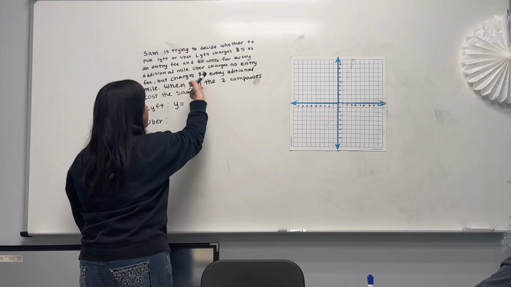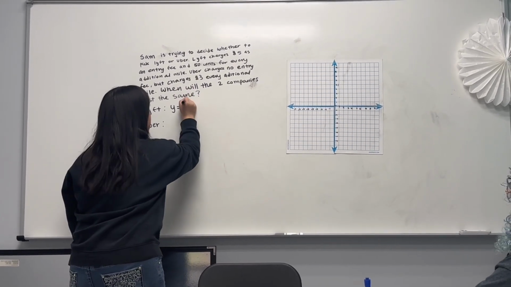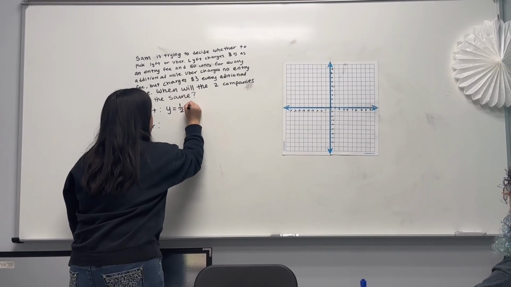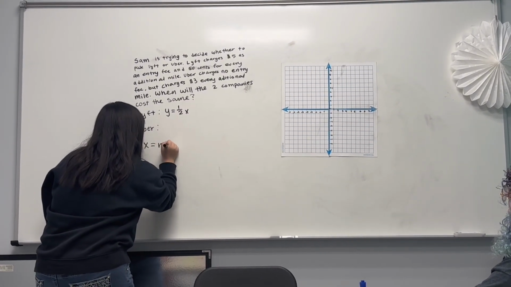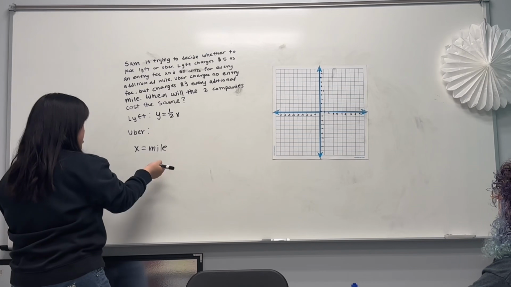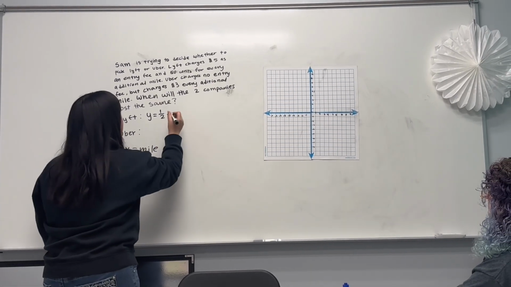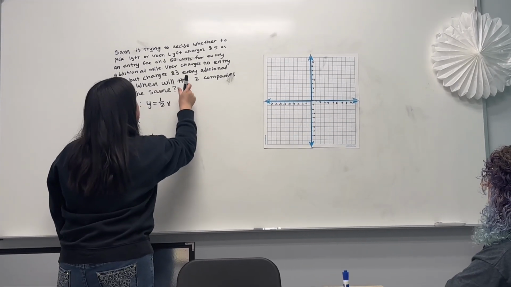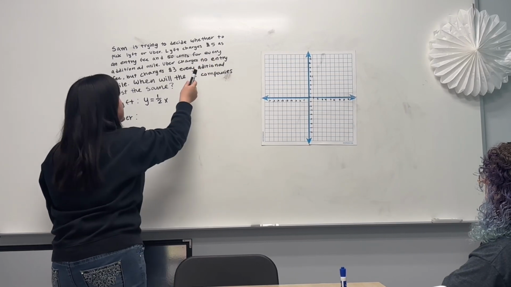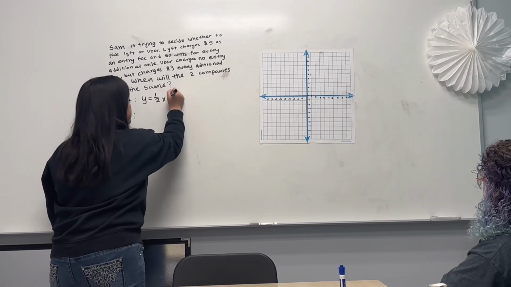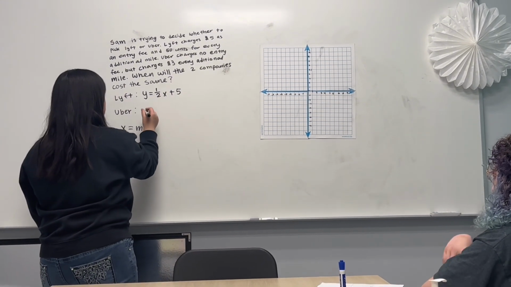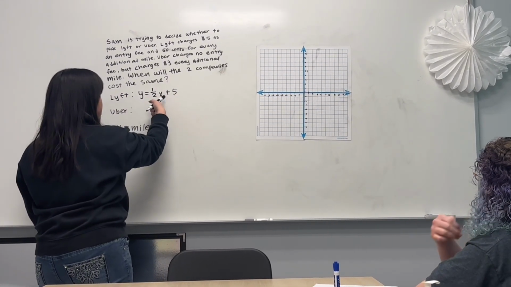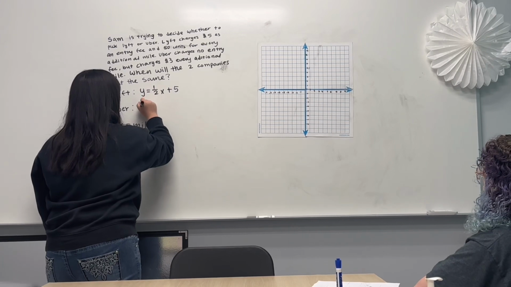And 50 cents, since it's half of a dollar, we could just write as 1/2. And x equals the number of miles. Then we can see that it charges $5 as a flat fee, so we will add on 5, because the 5 isn't going to change depending on the number of miles.